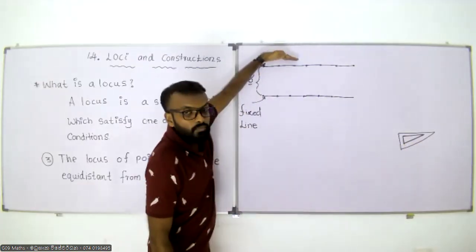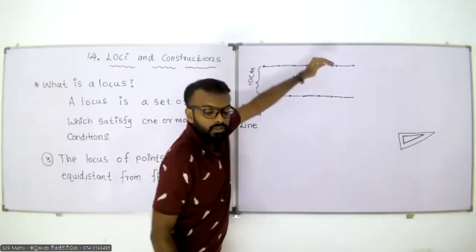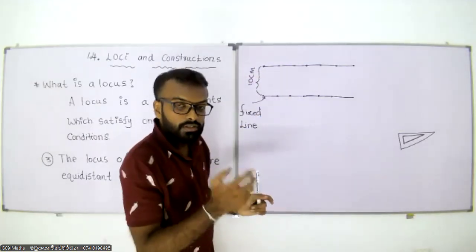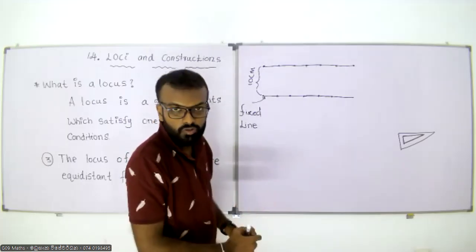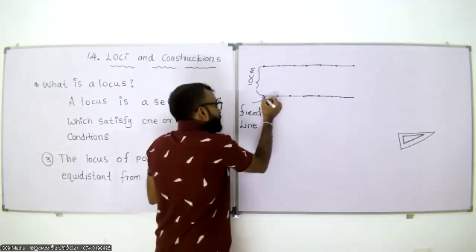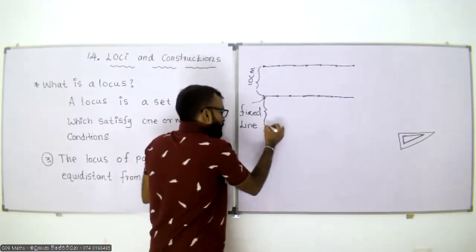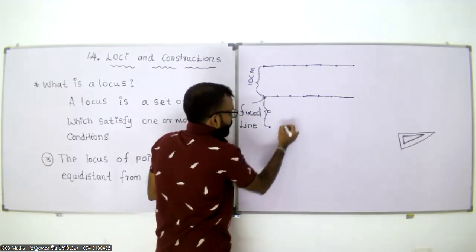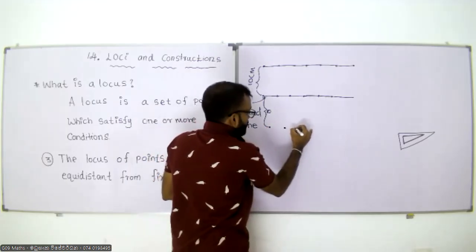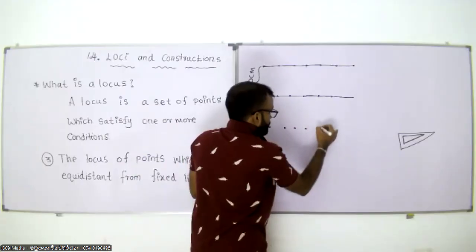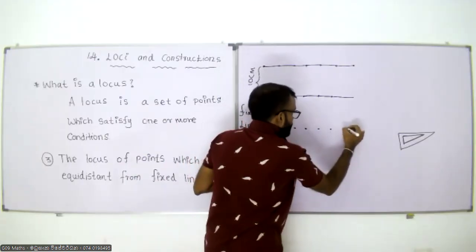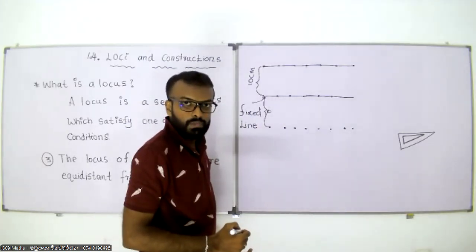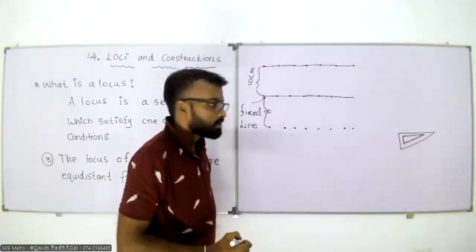The first one is the top locus, and on the other hand, we can draw the same line at the bottom as well, with the same distance, 10 centimeters. Here 10 centimeters, this is the first point, 10 centimeters, and so on.